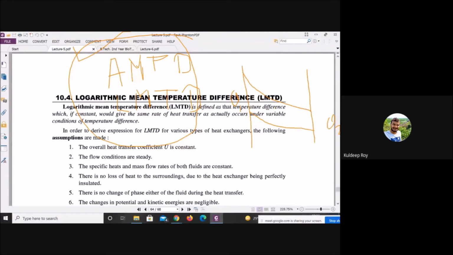So there are two approaches to determine the temperature difference: AMTD, arithmetic mean temperature difference, and the logarithmic mean temperature difference. But the arithmetic mean is not so accurate for solving a particular problem. So generally people use the logarithmic mean temperature difference, because, as per the name, some kind of logarithmic term will be there, and the calculation is based on that.